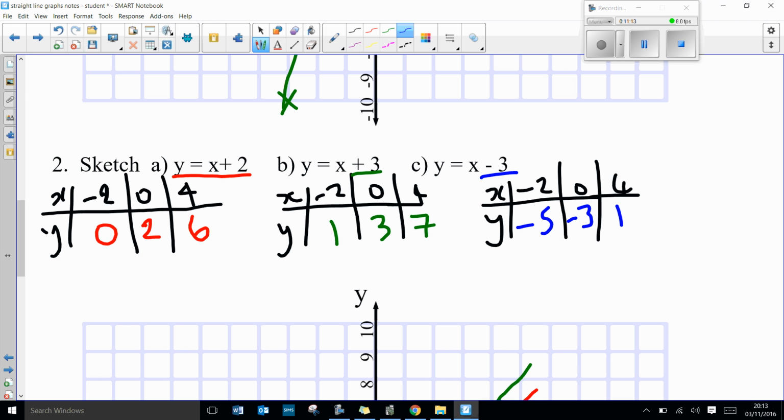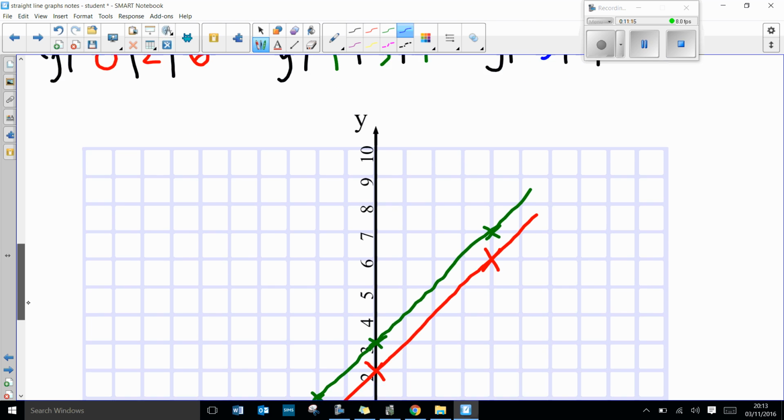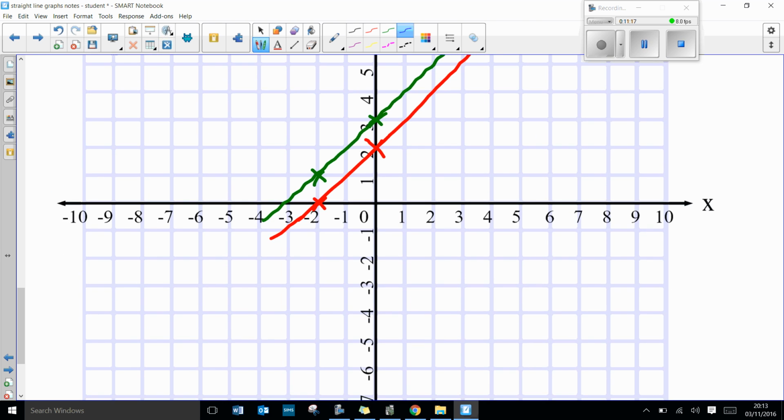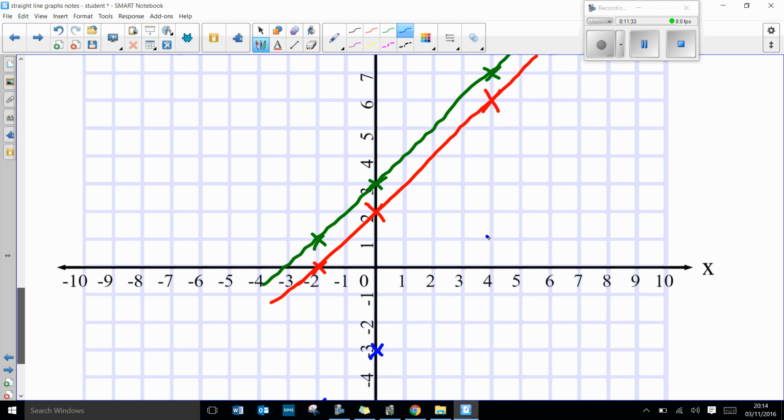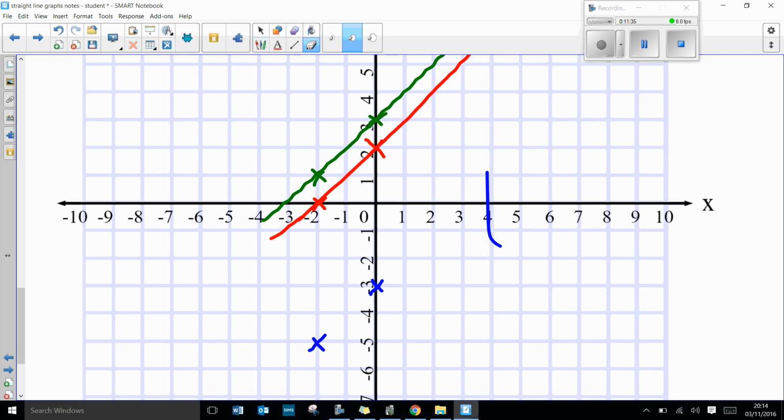So we've got the point -2, -5. 0, -3. And 4, 1. There is our line here.